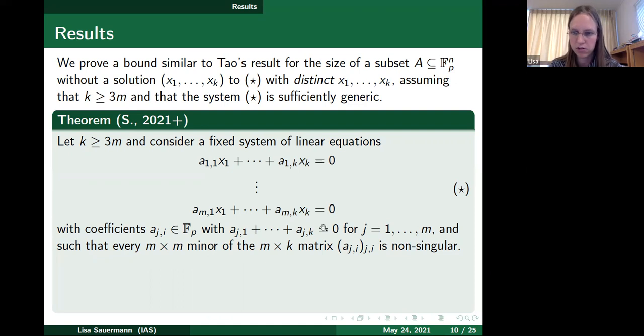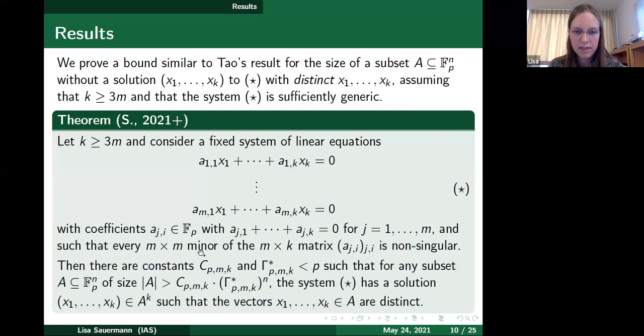And then the main result here states that there are constants c and gamma star, both only depending on p, m, and k, so that for every subset A of F_p^n of size larger than c times gamma star to the n, the system star has a solution in A so that the variables x_1 to x_k are all distinct.